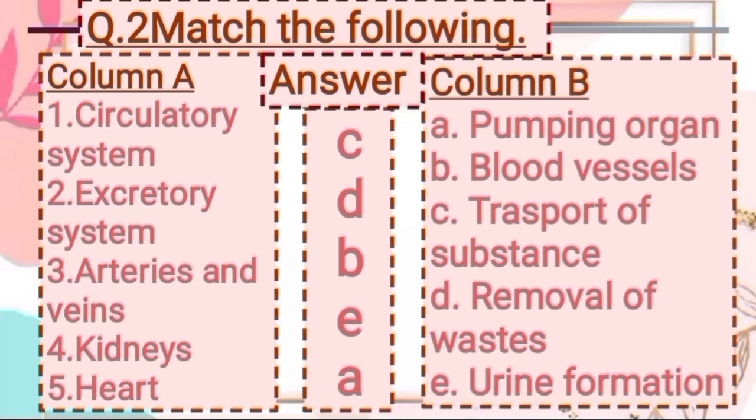Now fifth from column A, heart. As you know, heart is a muscular organ that pumps blood to all parts of the body. So answer is option A, pumping organ.